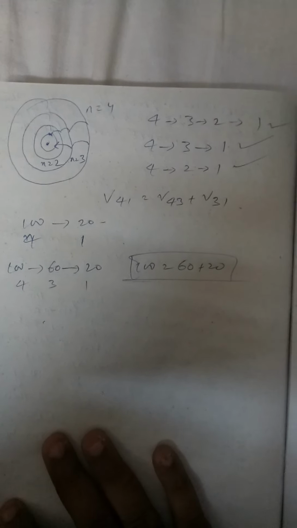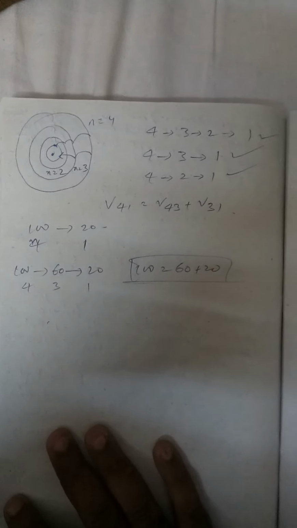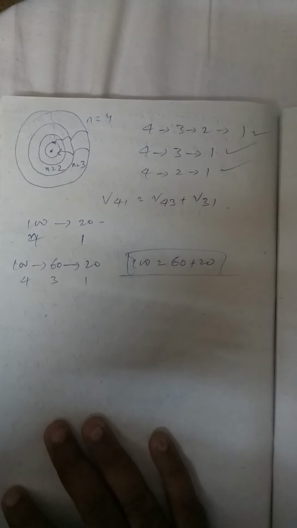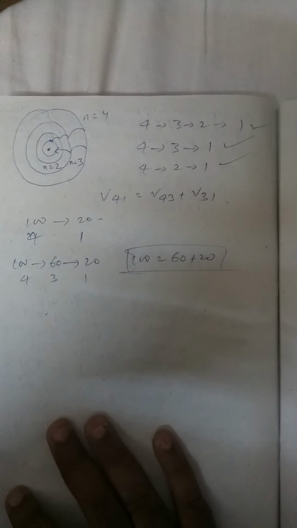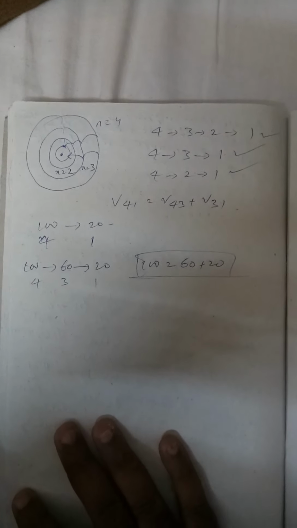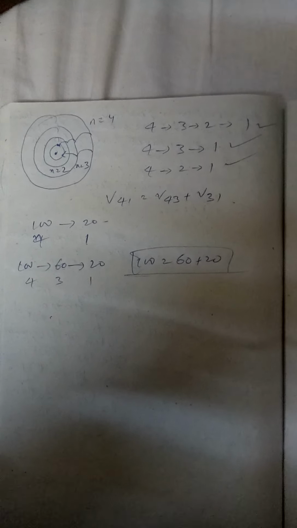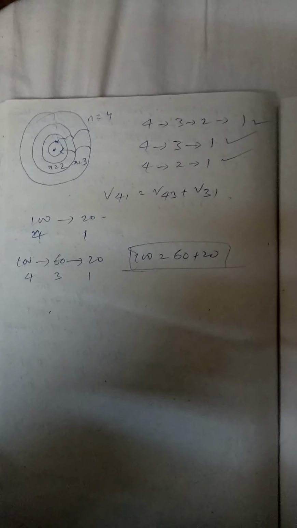So this is the diagram. Here I have shown the 4 orbits. How can the electron from the 4th orbit go to the 1st orbit? It can go, because 4 is at a higher energy state and 1 is at a lower energy state. In fact, the lowest energy state is called the ground state. So the path can be 4 to 3, 3 to 2 and 2 to 1.